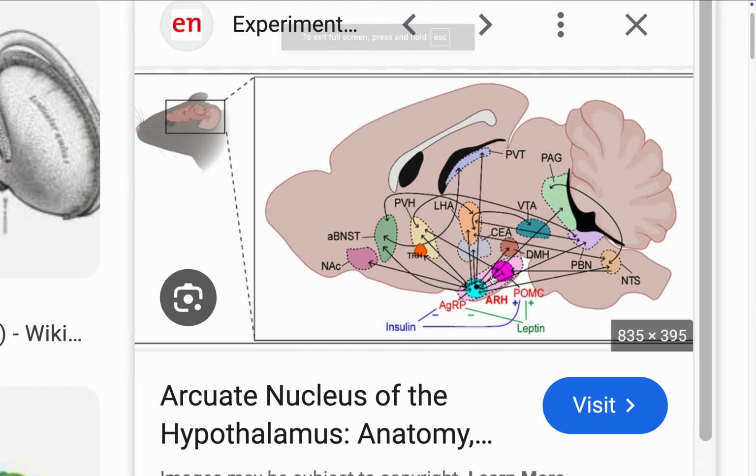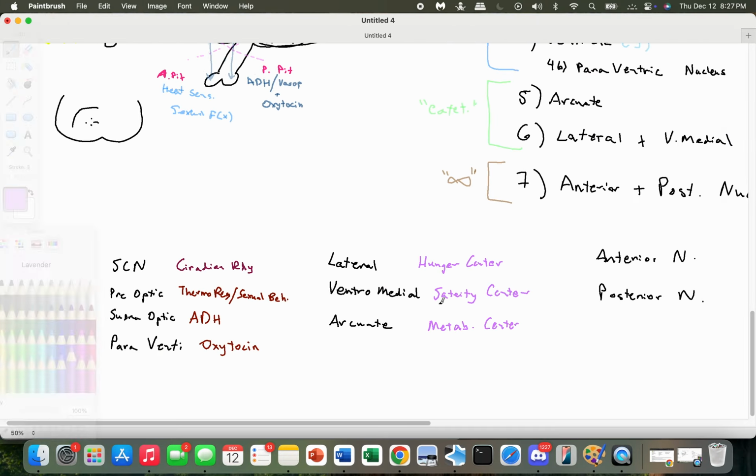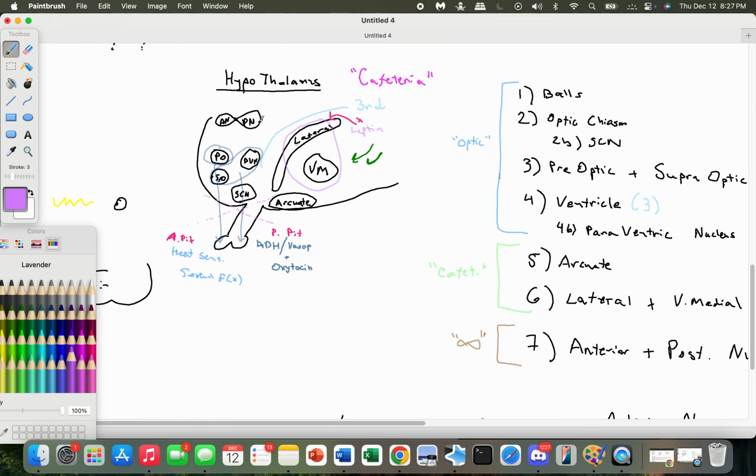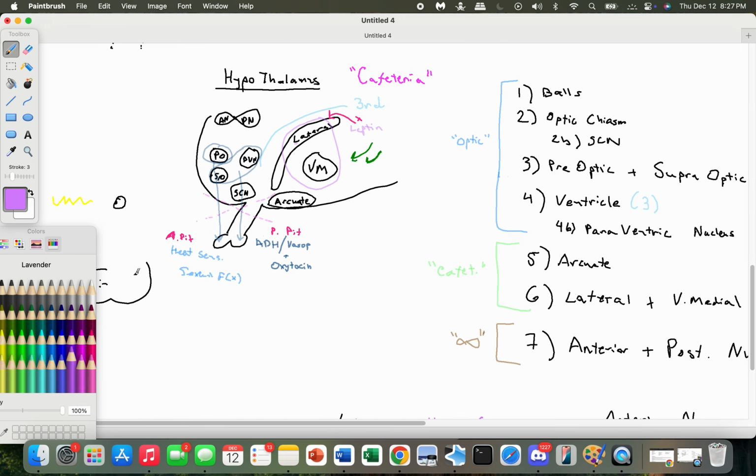So just to show you, this right down here would be your arcuate nucleus, and that's your POMC. And the POMC is one of the nuclei of the arcuate nuclei that's involved in metabolism, and it's specifically important for patients with diabetes.